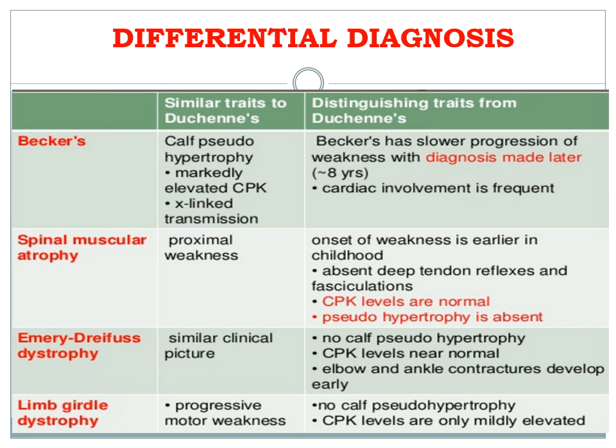Duchenne's calf pseudo hypertrophy, with markedly elevated CPK, creatine phosphokinase, and X-linked transmission. Becker has slowly progressive weakness of the muscle. Okay, you can see it on the board. There the types are mentioned, how they can be differentiated in diagnosis.